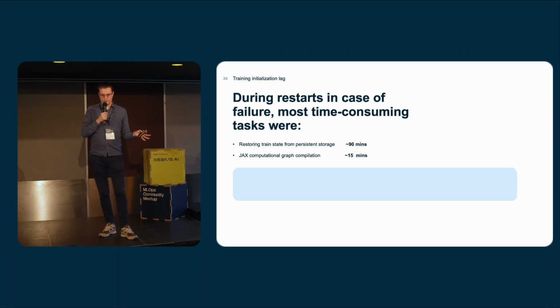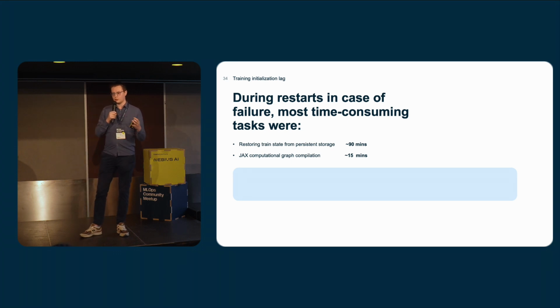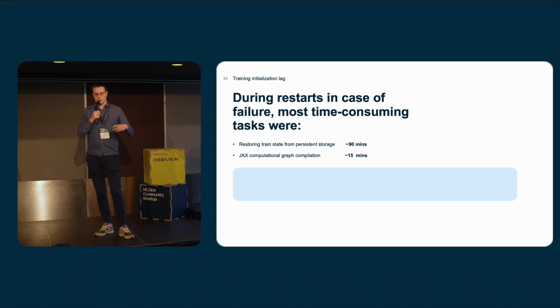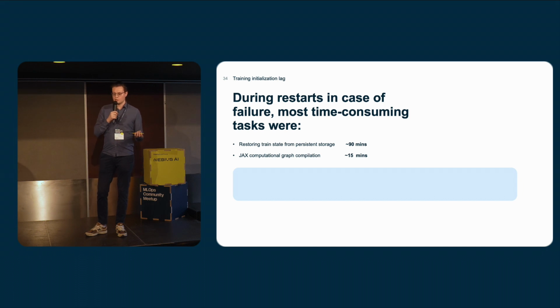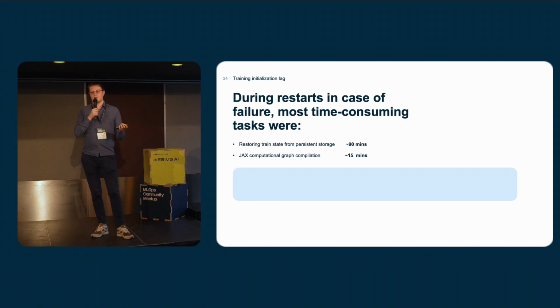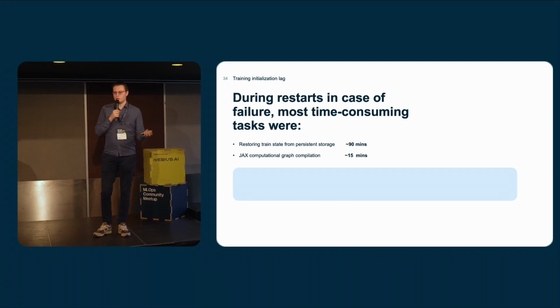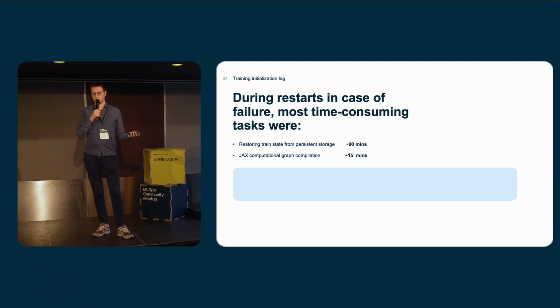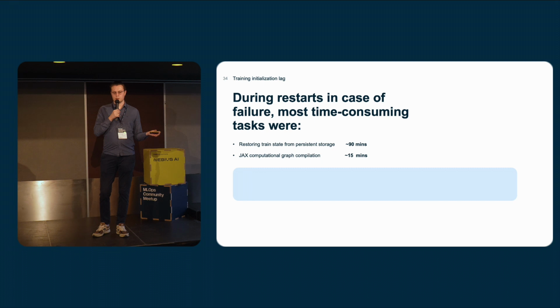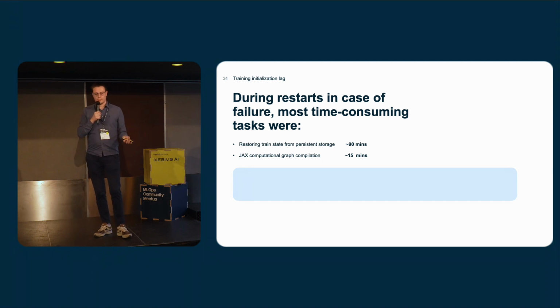Okay, we have handled writing and saving progress in case of failure, but there is still a lot to improve. We have noticed that, when restarting after a failure, two major time-consuming things were restoring state from persistent storage and compiling the JAX computational graph.